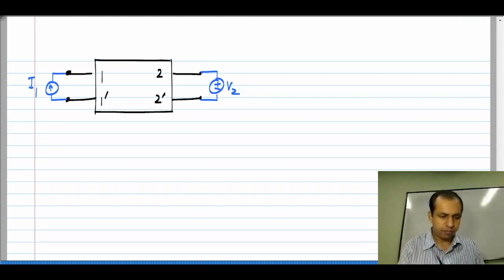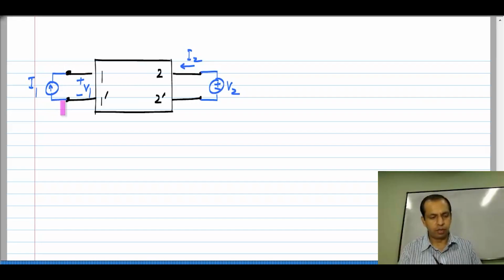Okay. Now, the voltage here V1 and the current over there I2 will also be linear combinations of independent sources that are applied. Okay. And in this particular case, when we take I1, that is current on port 1 and the voltage on port 2, the set of parameters we get are called H parameters.